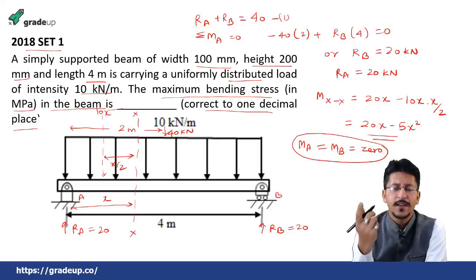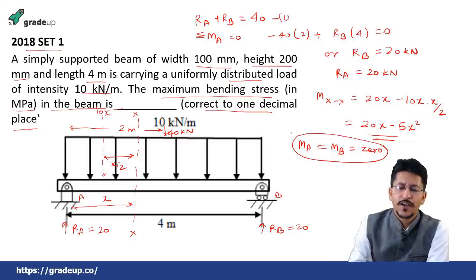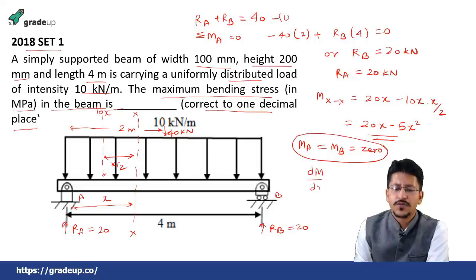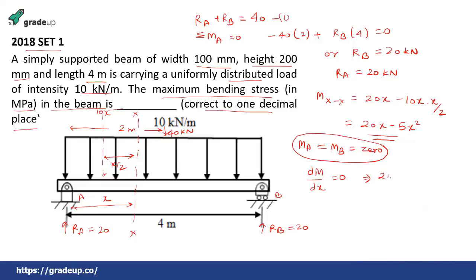For finding the point at which the maximum bending moment occurs, this is simply mathematics: a function is given and you have to find its maxima. So you differentiate it with respect to the variable and set it equal to 0. This gives 20 minus 10x equal to 0, or x equal to 2 meters.